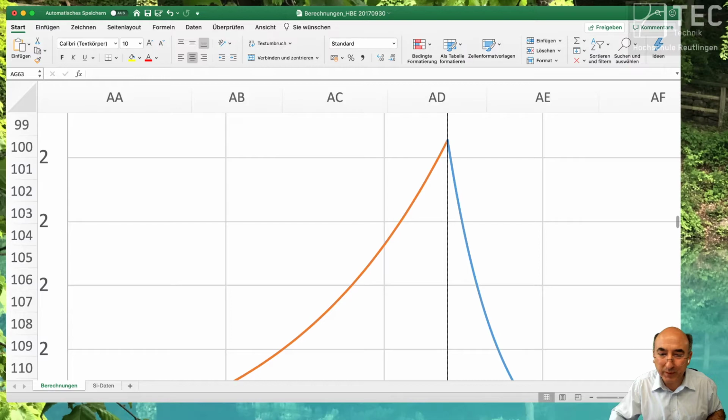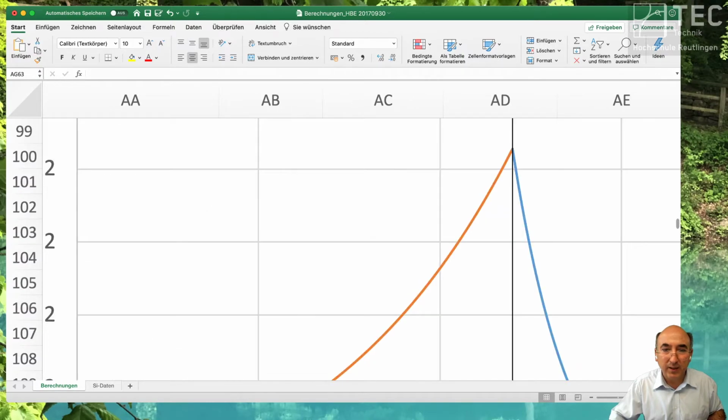I just zoom in 400%. More, it's not possible with Excel. Yeah, okay, no. Perhaps you can see it on your own Excel sheet. I have plotted the space charge boundaries also in this diagram, but due to the scale of 200 nanometers in micrometers, you are not able to identify this region.